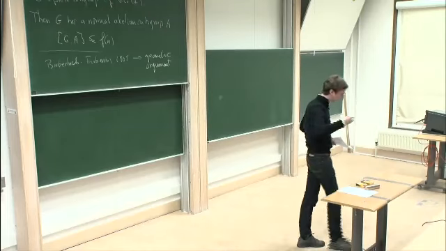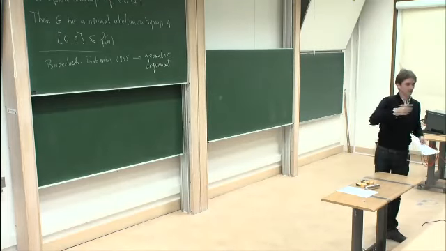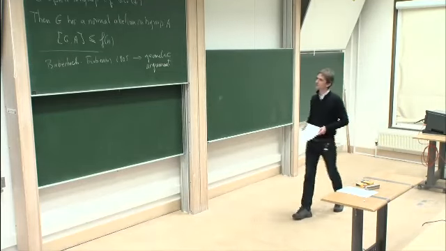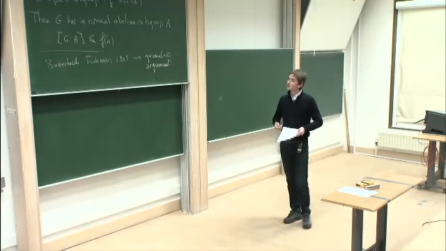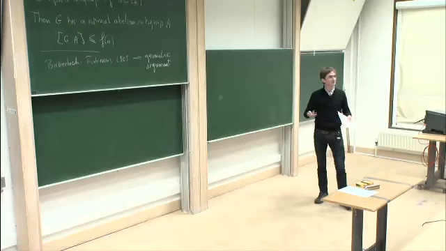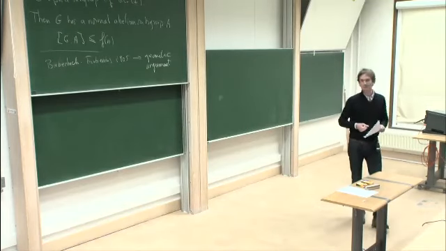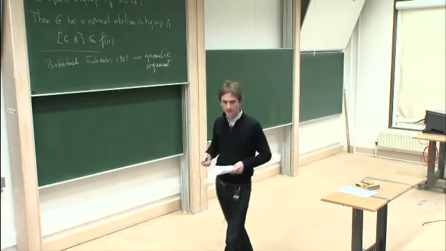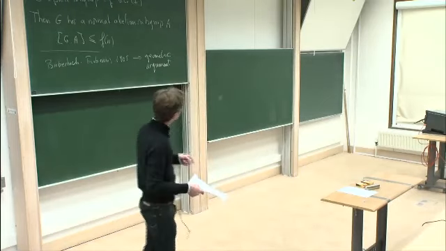It's been an ongoing project with Ben Green, Terry Tao, and Tom Sanders for a few years already, that we are trying to approximate group theory. So we're trying to understand the structure of approximate groups.